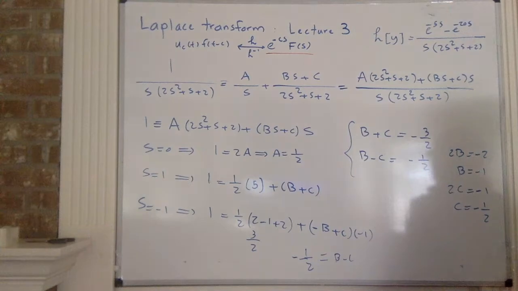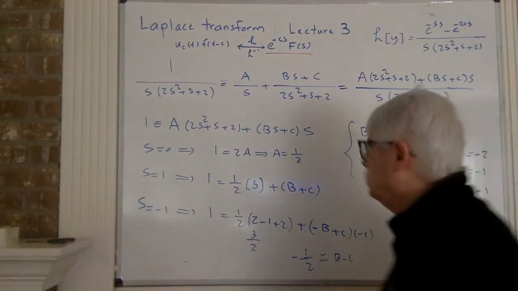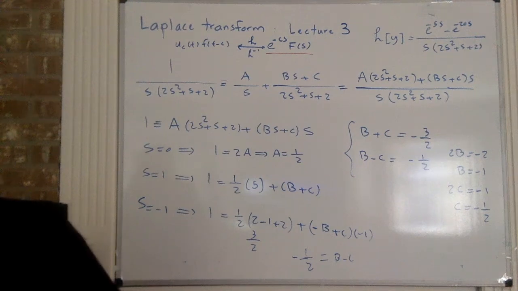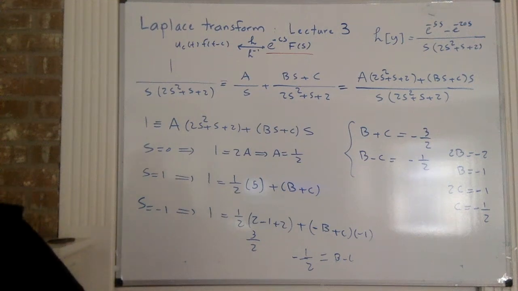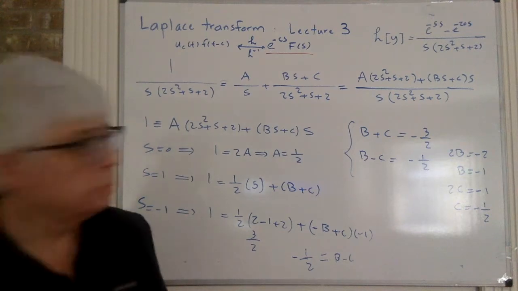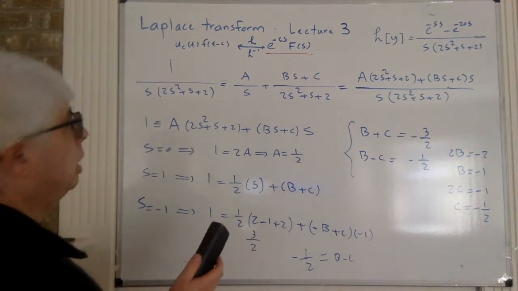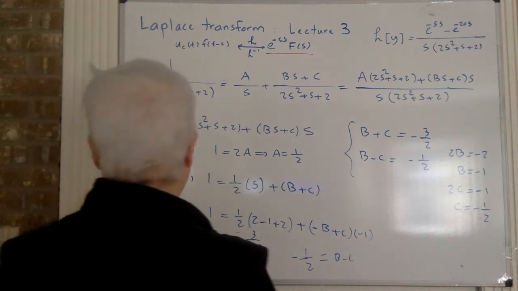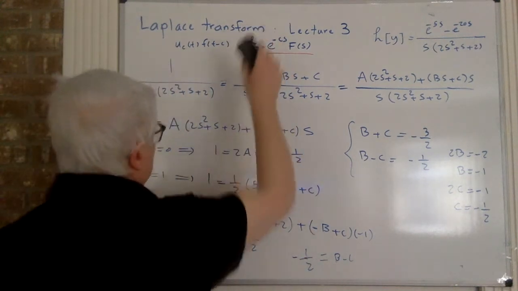So, okay. Let me check. So what was A? A was 1 half. Okay, so I will get, let me write down here.